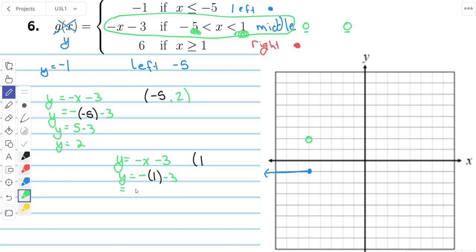So in other words, -1 minus 3 is -4. So at 1, -4, I have another open circle. Now, I don't have to worry about my slope on this one because it's just connecting those 2 locations. There is no arrow because it's in the middle.